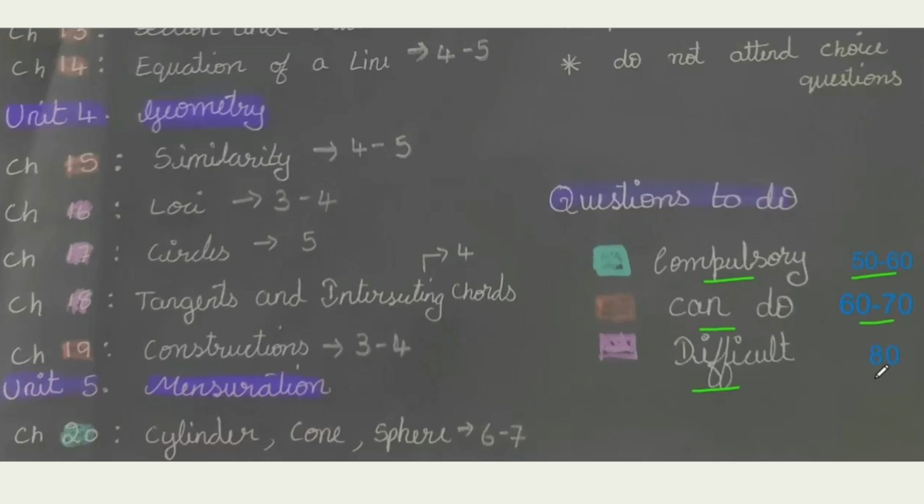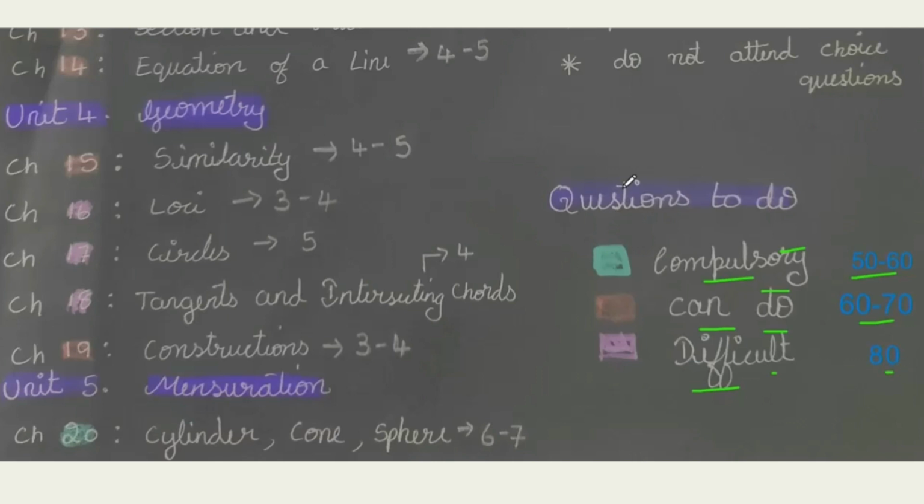We should do all the three levels of chapters, that is compulsory, can do and difficult, and if you do all three levels you could score full marks. If that is not possible, you could only do the compulsory and can do chapters.